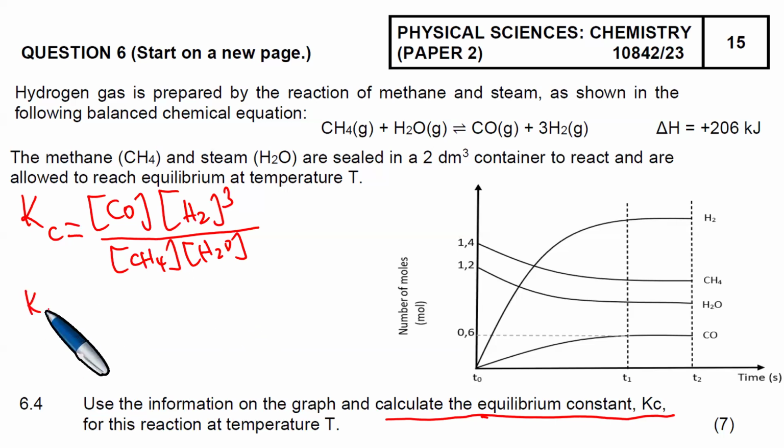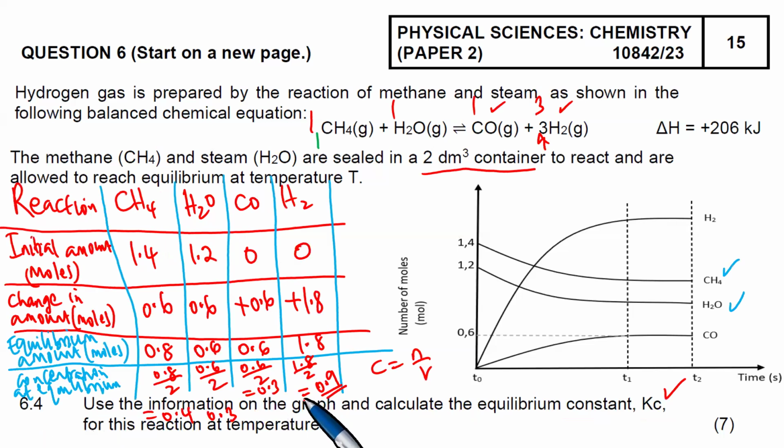Go back to the table. Read off the values. What is the equilibrium concentration of CO? Right, the equilibrium concentration of carbon monoxide, you'll be able to see that is 0.3.